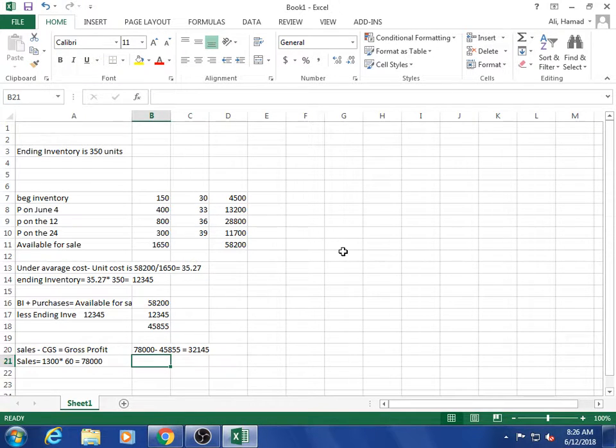Okay, so again, I wish I could use the pencil or something to circle. All of this is under the average method.